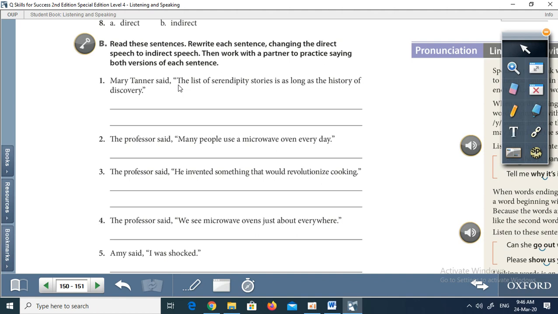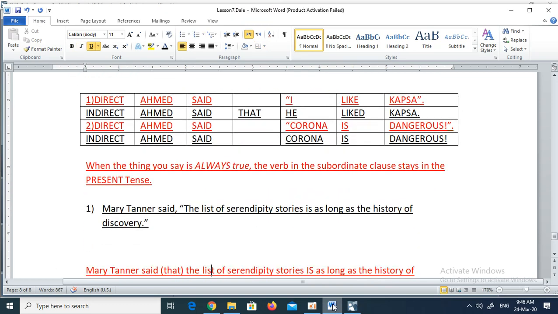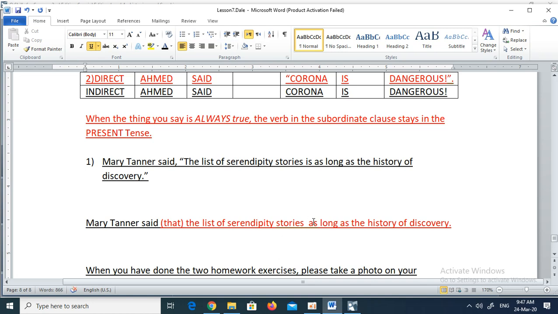Now, if we have to change that to indirect speech, we would say, Mary Tanner said, that will stay as our main clause. We can use that if you want to, but you do not have to. And then in the indirect speech, the list of serendipity stories is as long as the history of discovery.